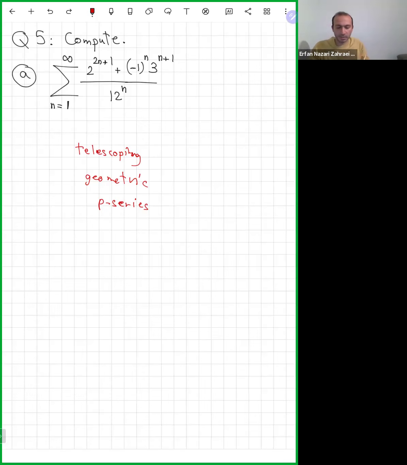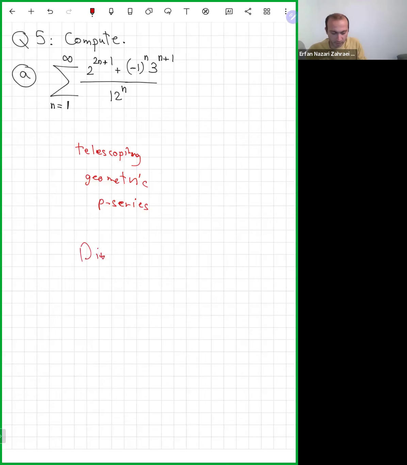The other complicated series, we use different tests on them to see if they are convergent or divergent. The tests that we have seen until now, we have more after test two, but until end of test two, they are four tests.